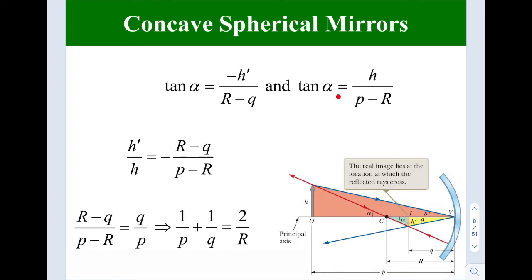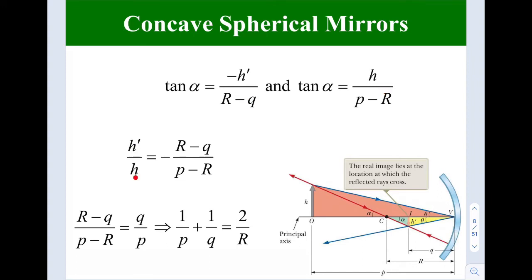And tangent alpha is also equivalent to h over p minus r for this triangle. Again, this equation is equal to this.